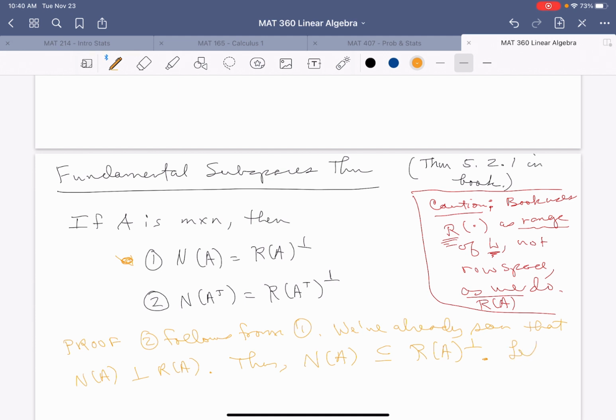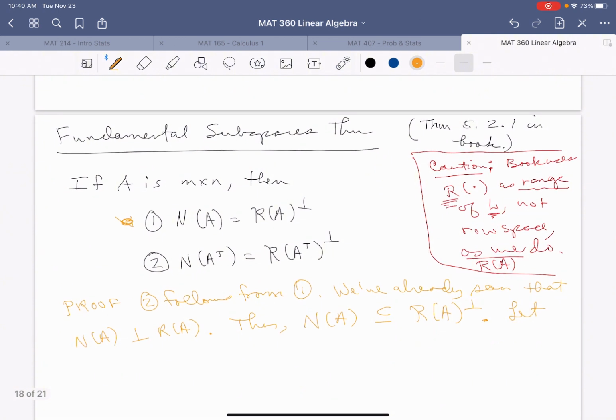So let's pick some arbitrary vector x from the orthogonal complement of the row space. This means that if we take any row vector of A and take the dot product with x, just to emphasize that these are both vectors, we're going to get 0, right?